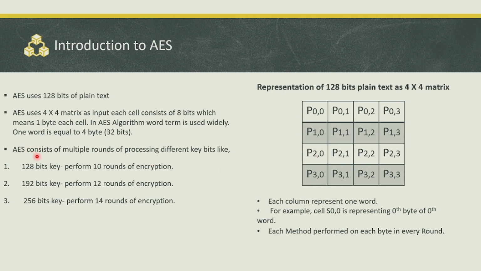So that's how it works. And AES consists of multiple rounds for processing different key sizes. If you take a 128 bit key, then the encryption process will happen in 10 rounds. If you take a 192 bit key, it will happen in 12 rounds. With a 256 bit key, it will perform 14 rounds.